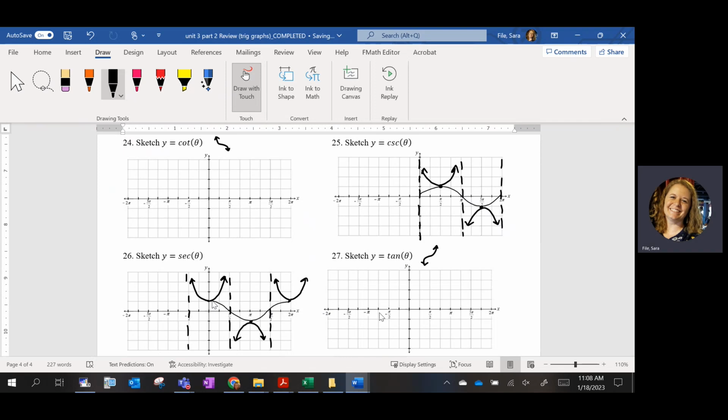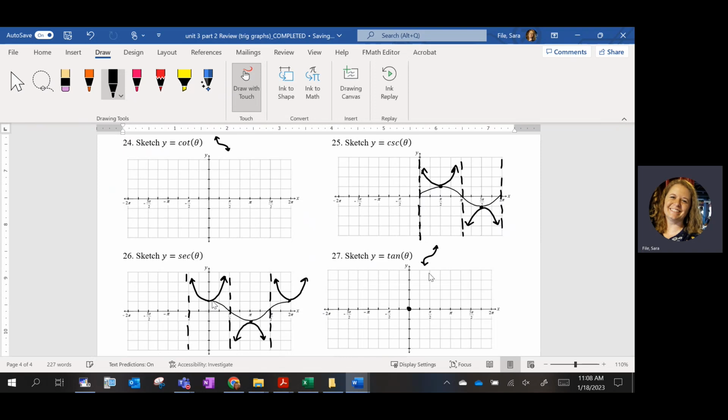If you forget, hopefully you will remember that tangent is sine divided by cosine, right? So where sine is 0, tangent is 0. Where sine crosses the x-axis, tangent is going to cross the x-axis.